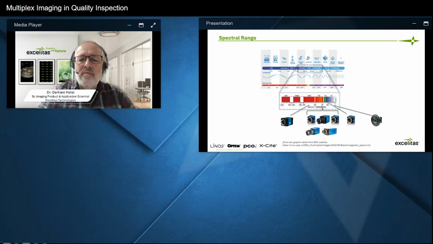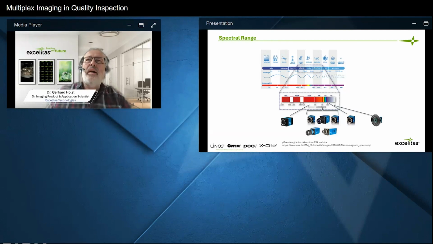Fortunately, with the different technologies from silicon to indium gallium arsenide and others, it's possible to span the range from deep UV, from 2 nanometers, up to 1700 nanometers, or even into the infrared to 12,000 nanometers.